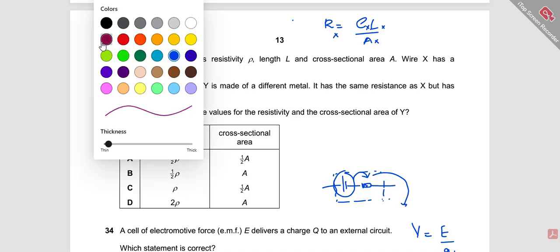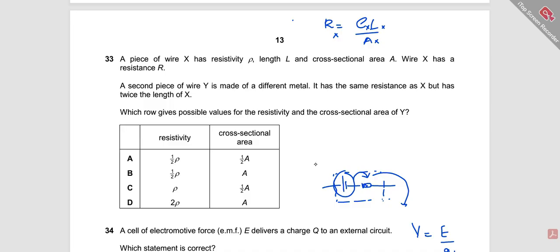And then we know that there is another wire, let's call it Y. Okay, they've already called it Y. Let's make its equation first. Ry should equal rho Y Ly over Ay. But right here they said that its resistance is the same as that of wire X. So we can write Rx here, but the material is different, so we still cannot comment here.